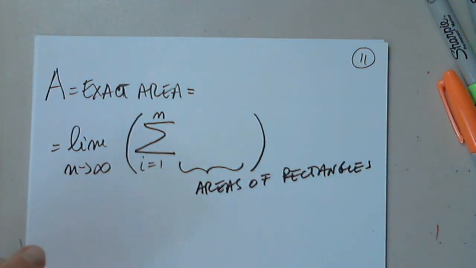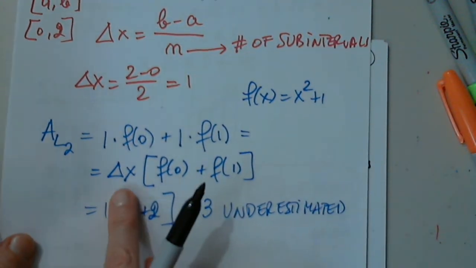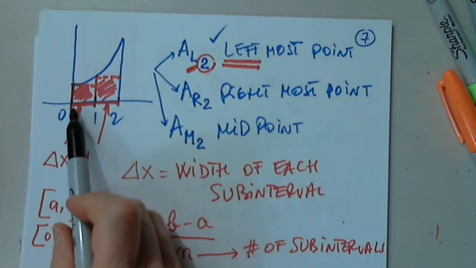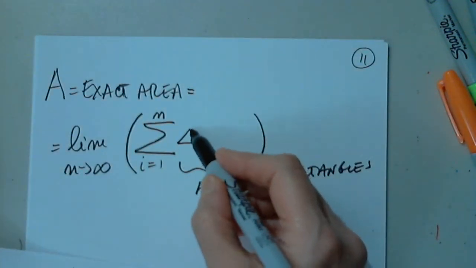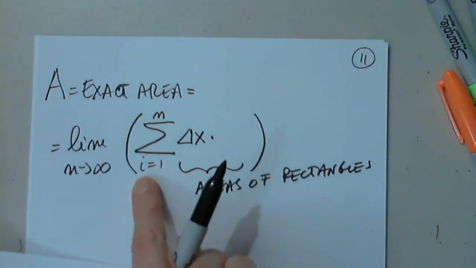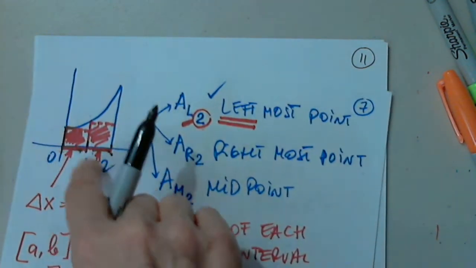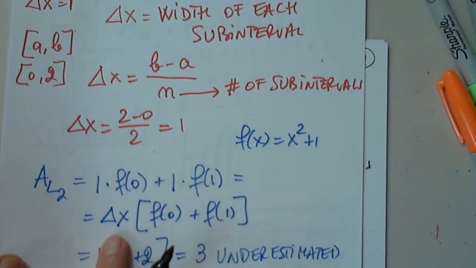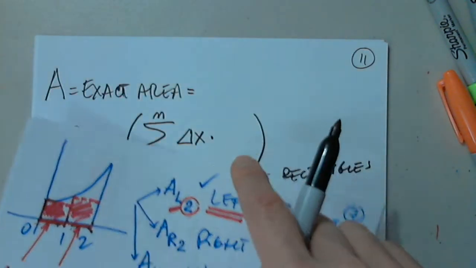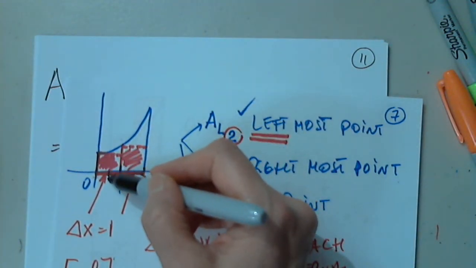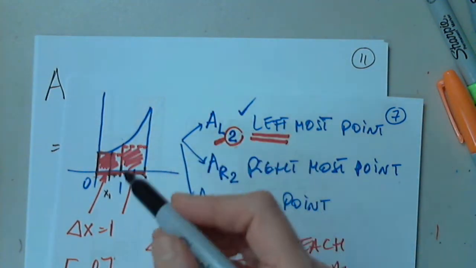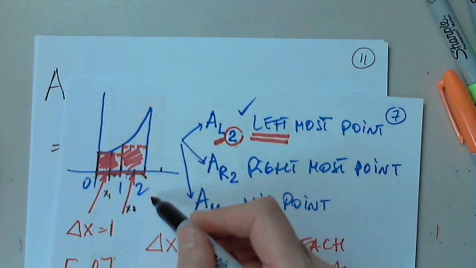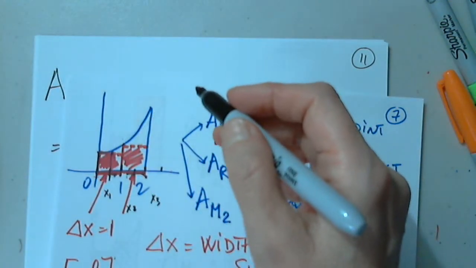So let's go back. Delta x, which is the base of any rectangle in any subinterval, times, which is constant, does not depend on i. It's always the same. That's why I put it in front here. Times, if I'm here, it's the first, x1. If I'm here, it's x2. If I'm here, it's x3, and so on, of course, under the graph.